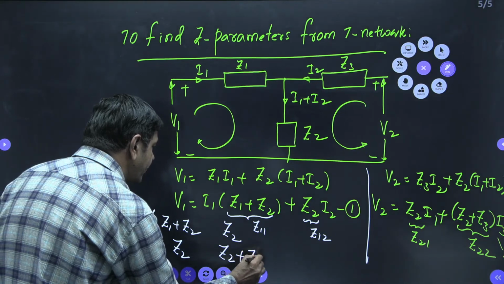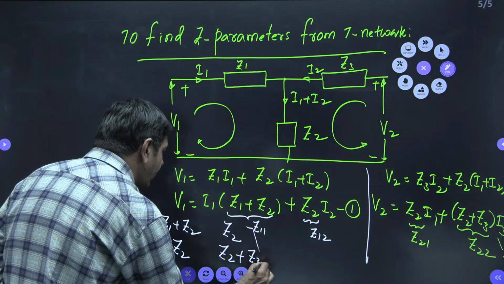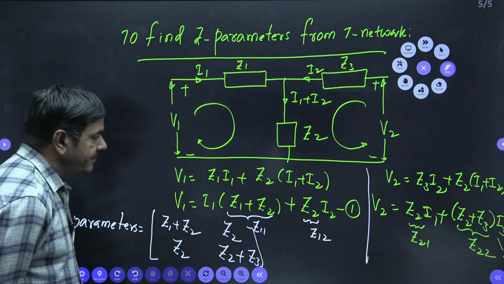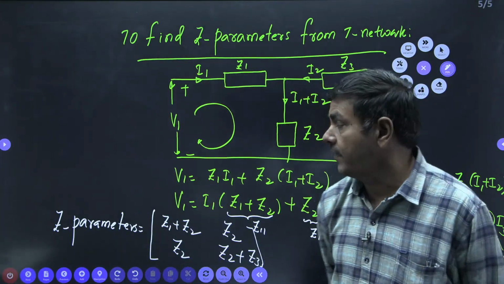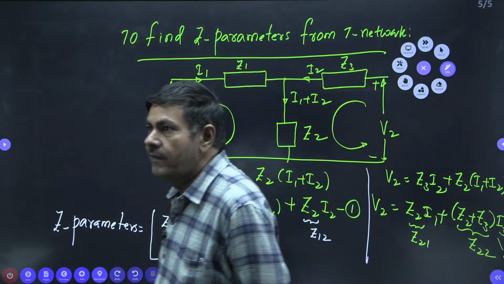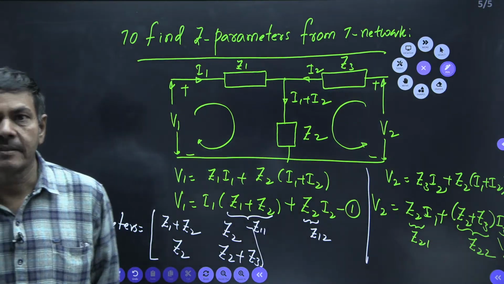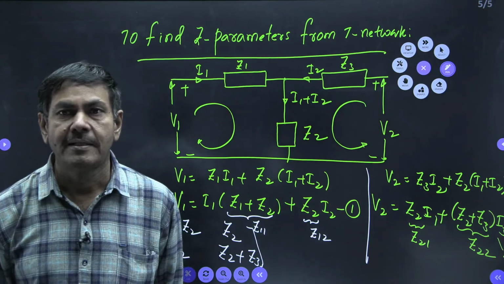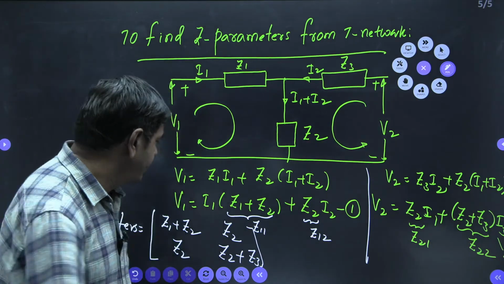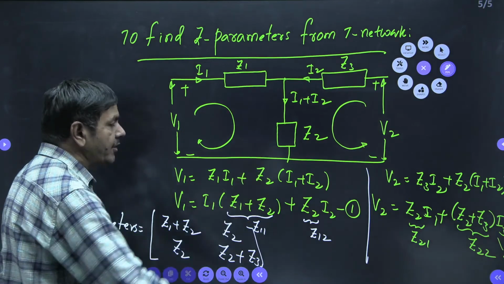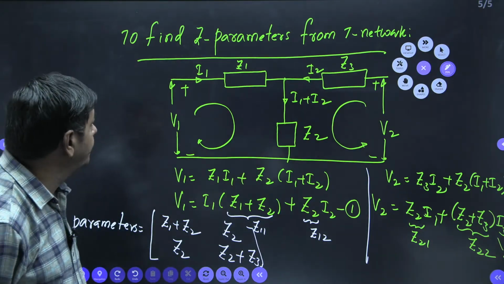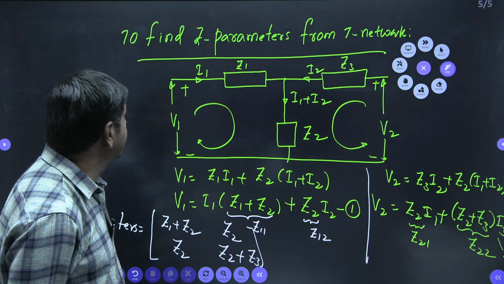Yes, by using this particular way, you can find the Z parameters. Whenever a T network is given in a problem, directly by using these formulas you can get the Z parameters for it now. I think you followed this methodology.